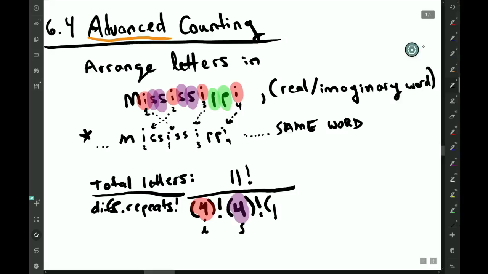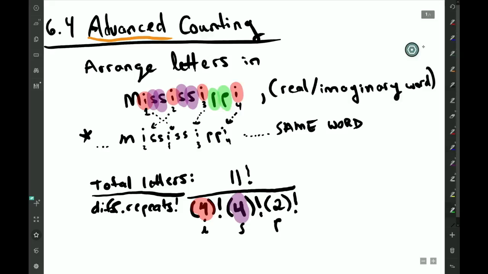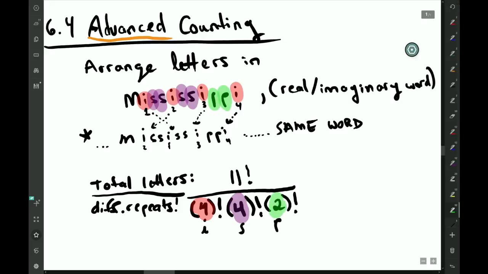And P, I also have 2 of those. So I have 2 factorial.